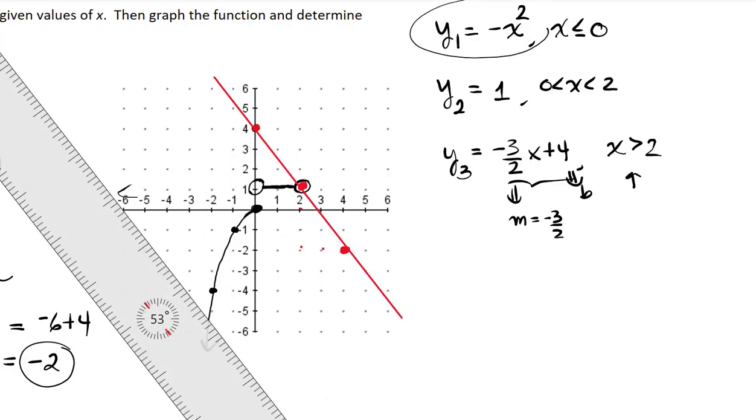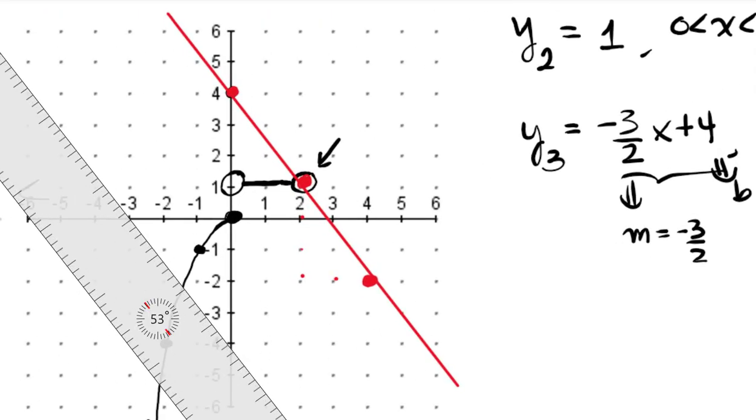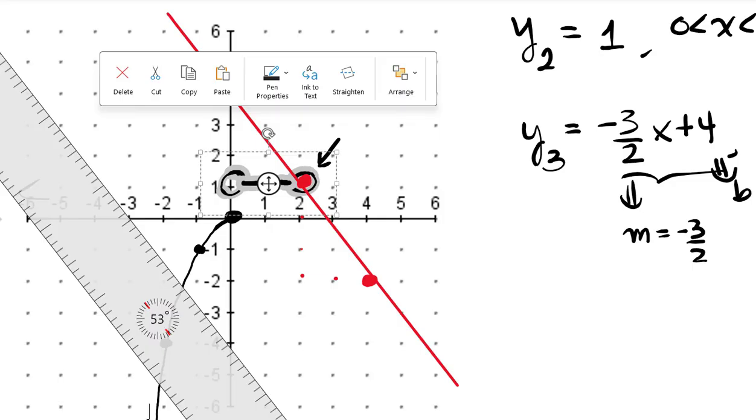Okay, now once you have the line, we are now going to consider the restriction on its input values. So this is only true for x greater than 2. So at this point, we want to use an open circle. So I'm going to remove that red dot.